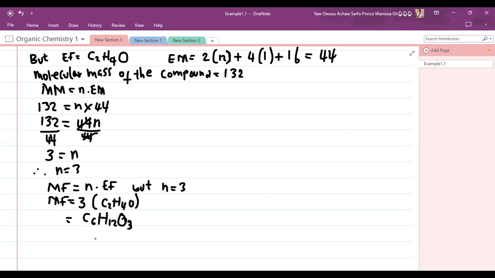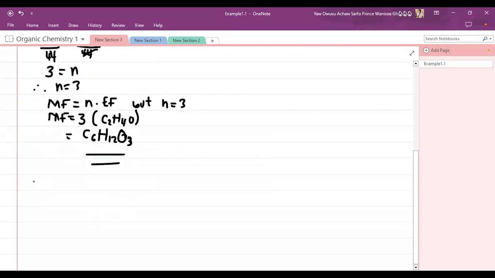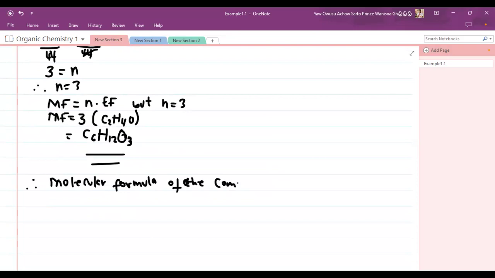So this is our molecular formula. Therefore, the molecular formula of the compound is equal to C6H12O3.